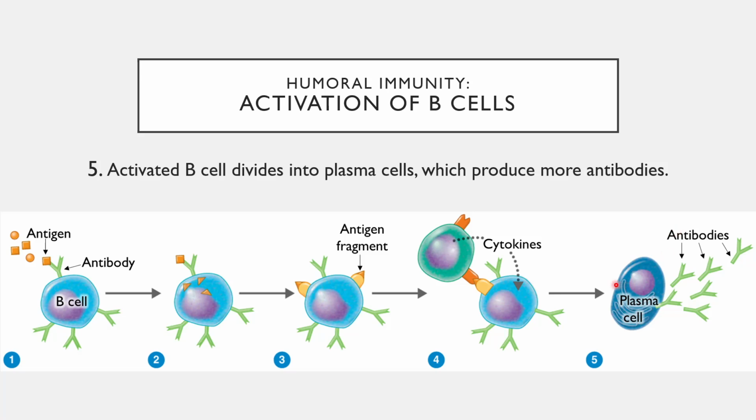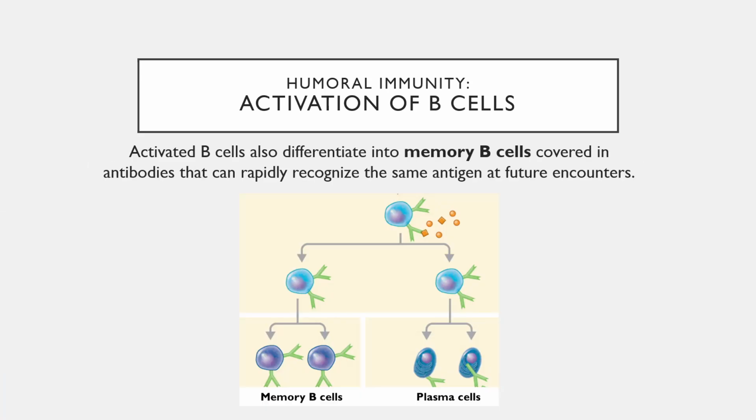When B cells are activated, however, they not only differentiate into plasma cells, but they also differentiate into memory B cells, a special type of B cell that is covered in antibodies that will rapidly recognize the same antigen that has now activated it for future encounters.